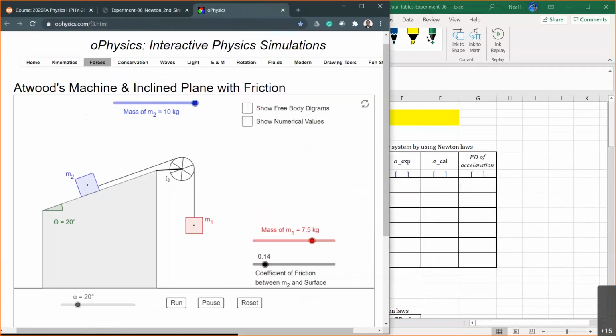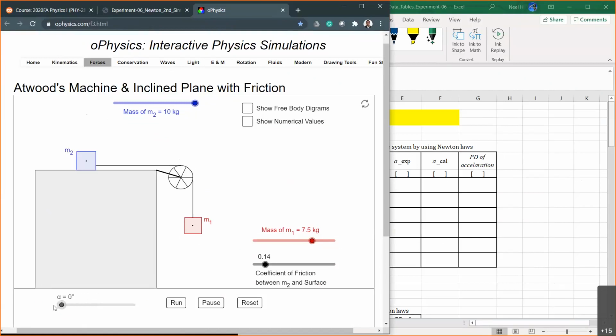Immediately when you go there, you will see an inclined plane. Right now, our interest is not doing anything with the incline. You can get rid of the angle. There's a slider on the bottom of the inclined plane. It says 20 now. Just click and drag it all the way to 0. Then you get rid of the inclined angle. We are not doing the inclined problem at this point.